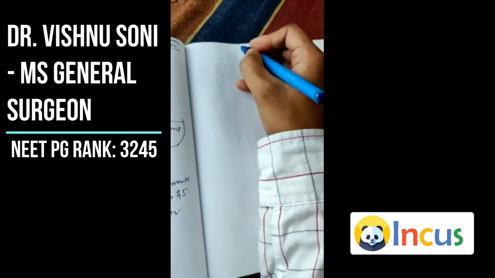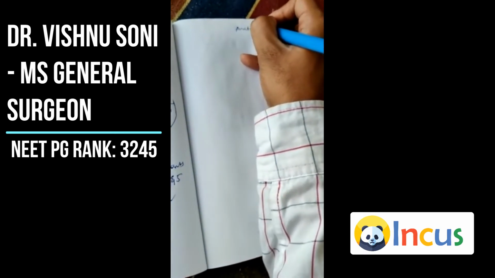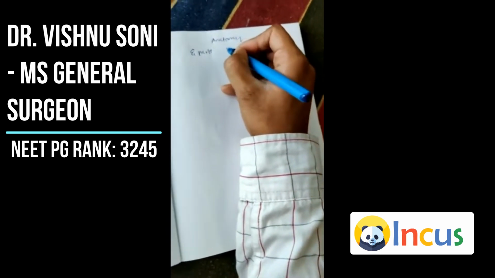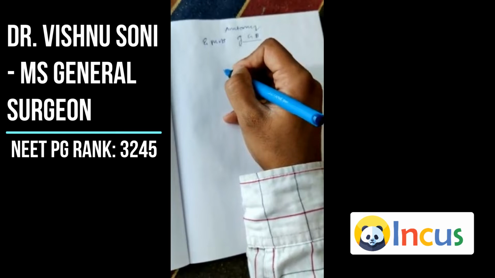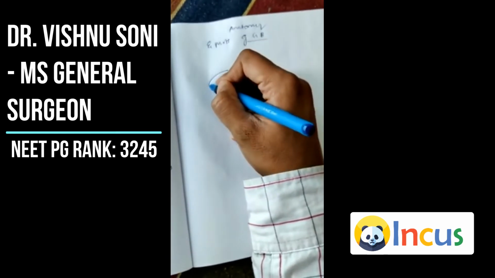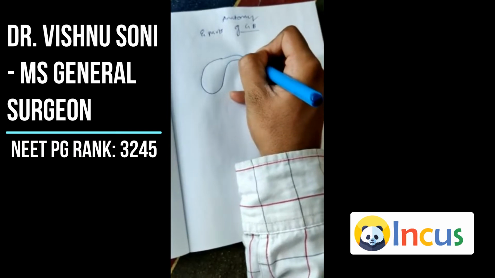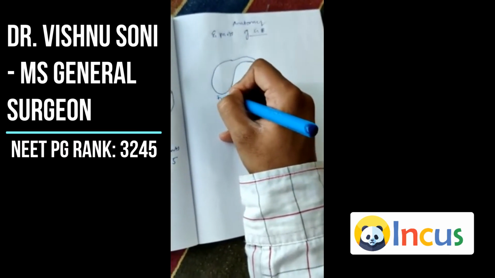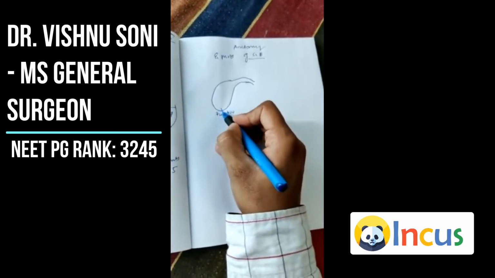Next, coming to the particular anatomy of the gallbladder, the parts of the gallbladder. Right. So I'll draw a diagram of the gallbladder and divide it into parts. So this is fundus, guys.